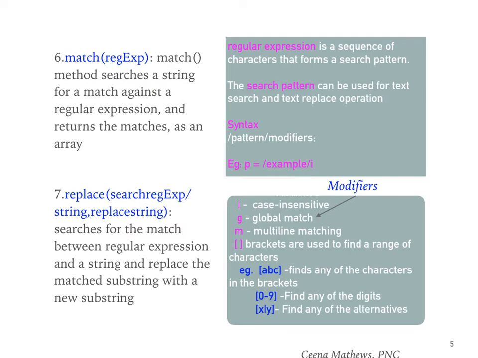Examples are given here. If I give ABC within square brackets, it finds any of the characters in the brackets. Similarly, you can also use [0-9] within square brackets, which means it will search for the digits 0 to 9. And you can also use x|y, which means either of the two will be searched.